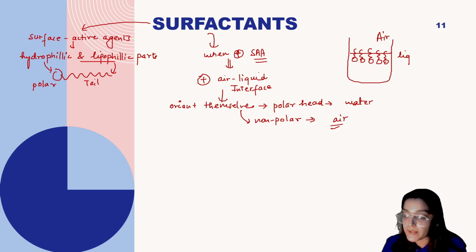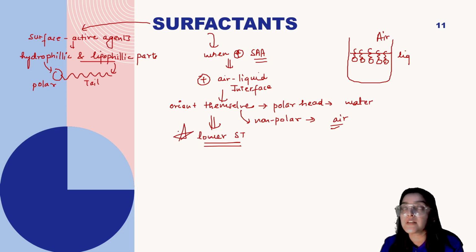So this orientation tends to expand at the interface, and this orientation tends to lower the surface tension. Very important point. Whenever the surfactants orient this way, they tend to lower the surface tension.